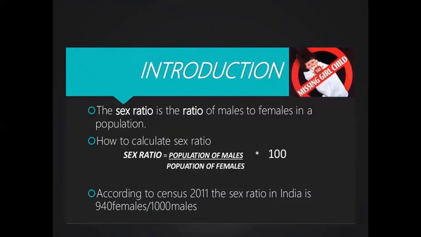Dear cadets, the sex ratio is the ratio of males to females in a population. Now, how can we calculate the sex ratio? We know that sex ratio equals population of males divided by population of females into 100.